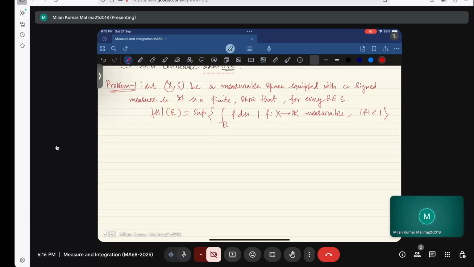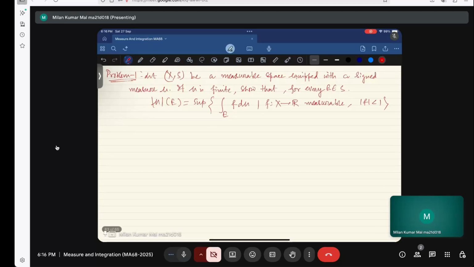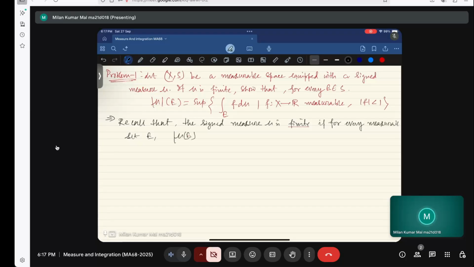So let me check how to do it. Okay. Recall that a signed measure mu is finite if for every measurable set E, mu of E is a real value, it is finite.